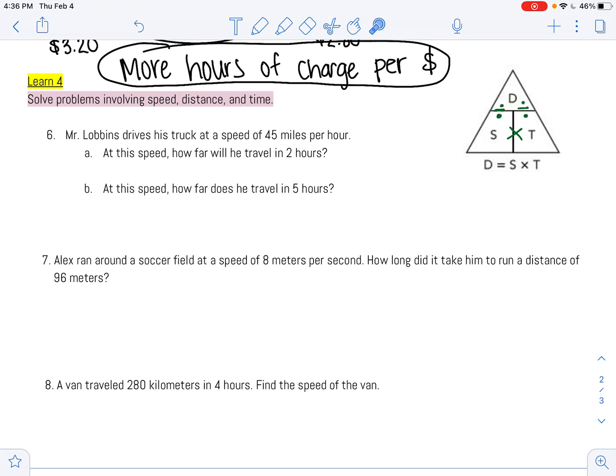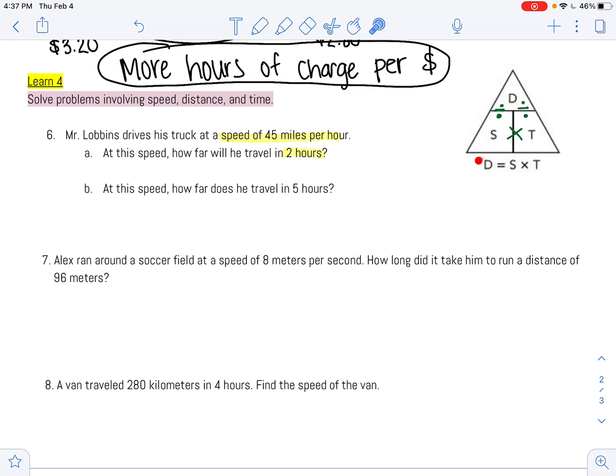So looking at problem 6, Mr. Lobbins drives his truck at a speed of 45 miles per hour. In part A, at this speed, how far will he travel in 2 hours? So we know our speed and we know our time. We're solving for distance or how far something happens.